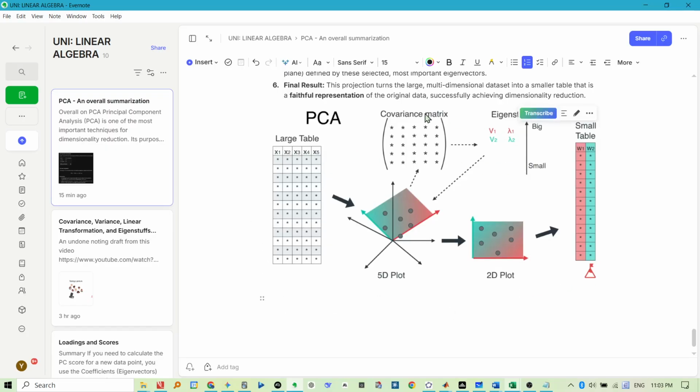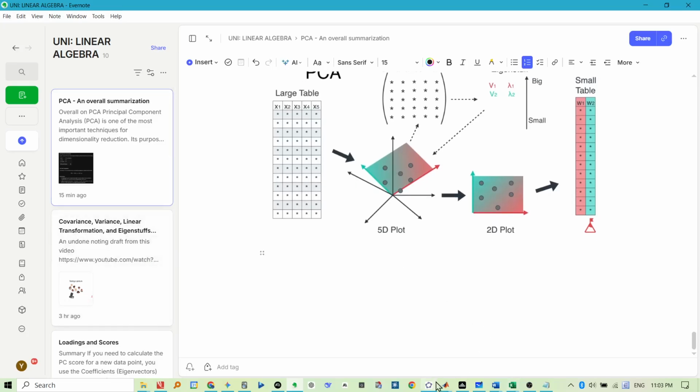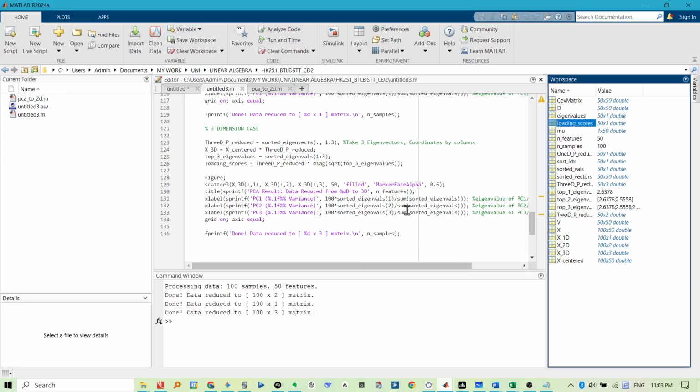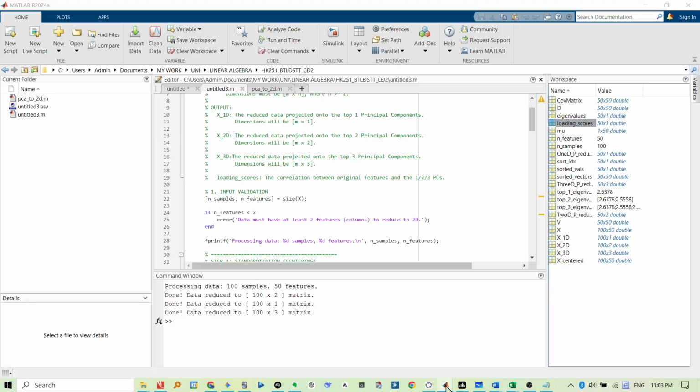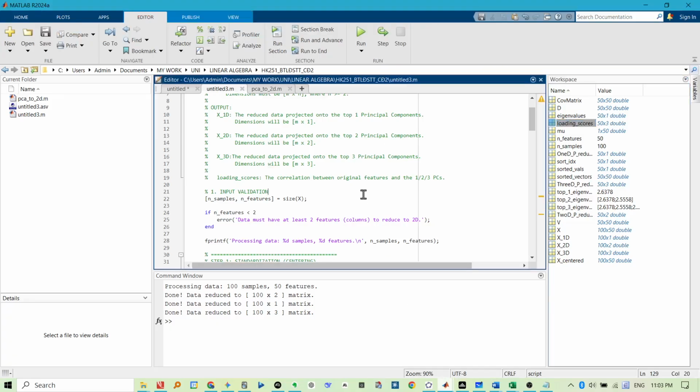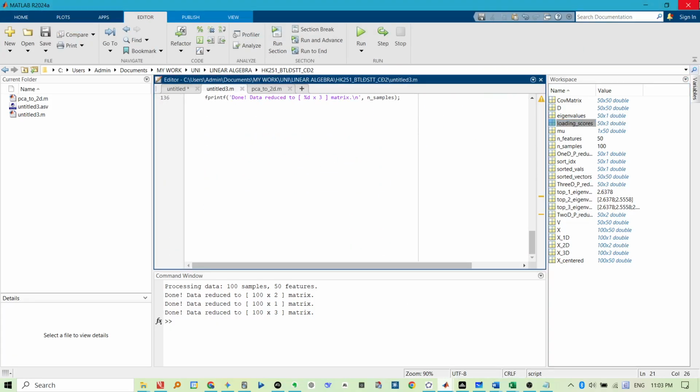That's an overview of PCA. I will walk through the code. We have a piece of code right here.